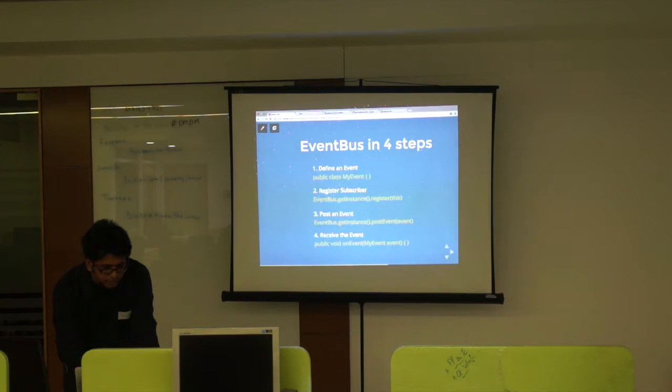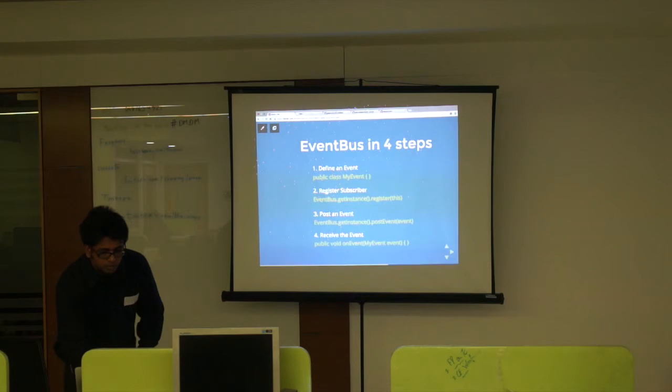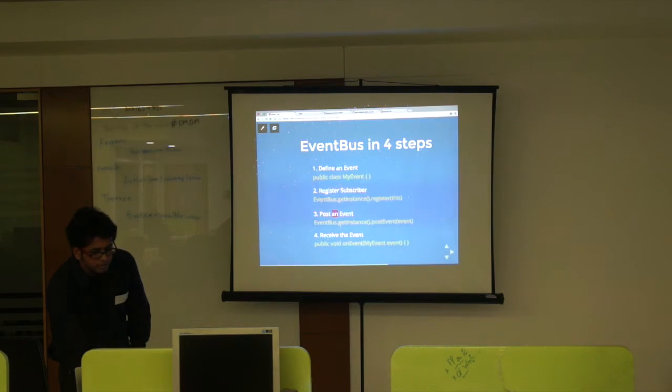These are the 4 steps as used by GreenRobot's EventBus. Define an event. This could be a minimal event. This class has nothing inside it. And then a subscriber can register to the event bus, and components can post events on it.